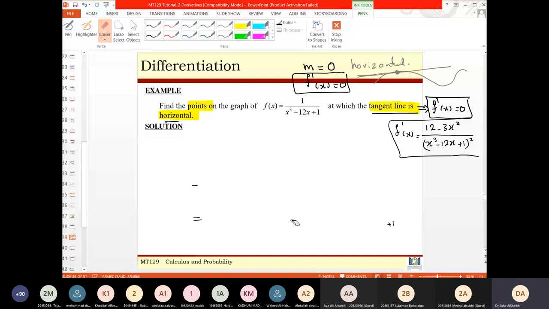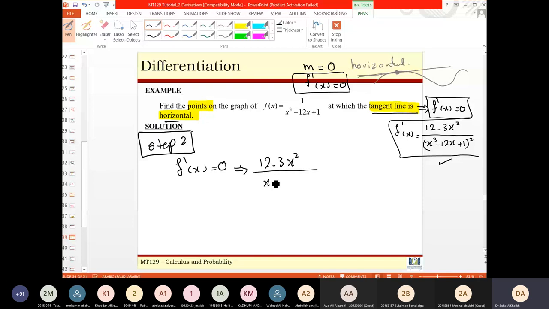So for step 2, I'm going to let f dash x equal to 0. This is my f dash: 12 minus 3x squared divided by x^3 minus 12x plus 1 squared. I'm going to let it equal 0.